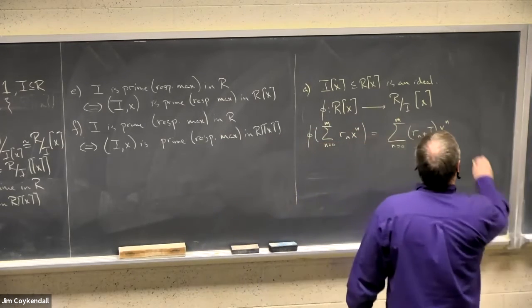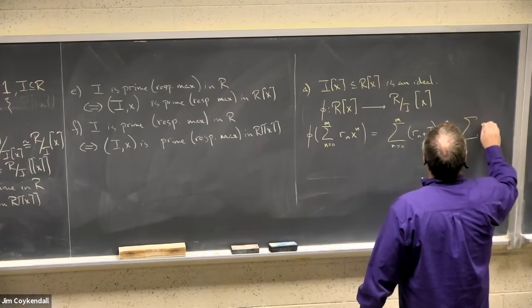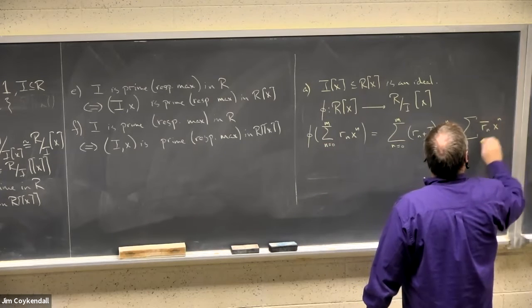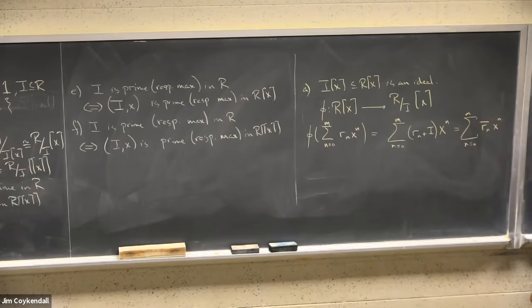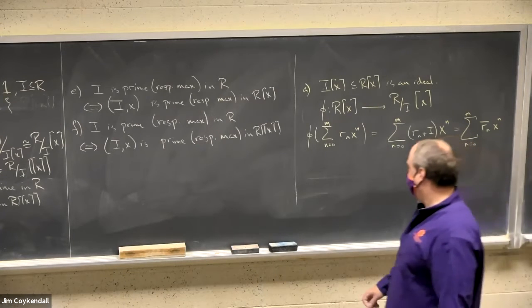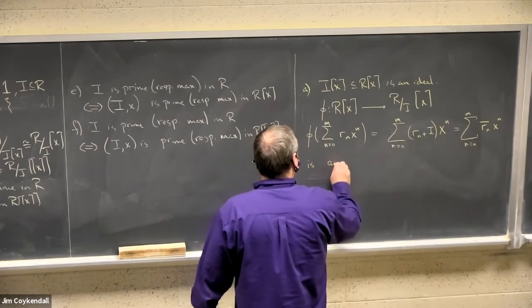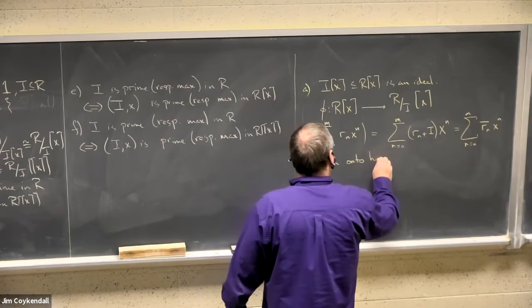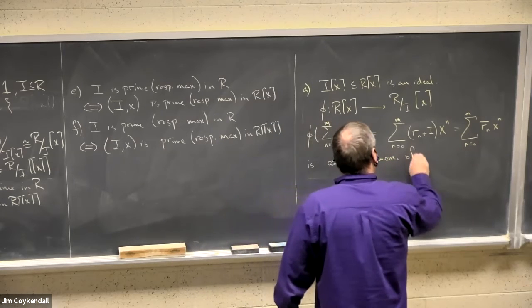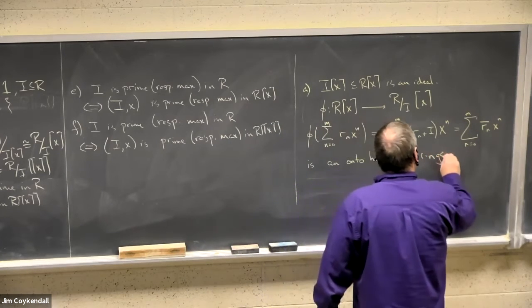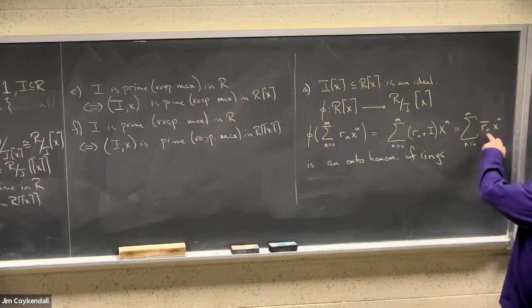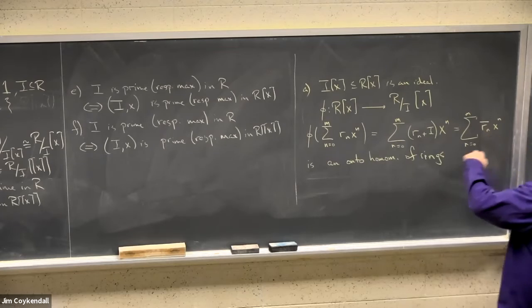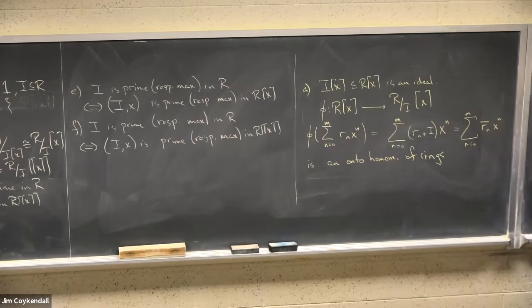Or some of you, if you like this notation, might like Rn bar xn. So basically what you do is you reduce all the coefficients of the polynomial mod I. This is an onto homomorphism of rings, right? Because clearly any Rn bar xn comes from actually many of these kinds of things, right?